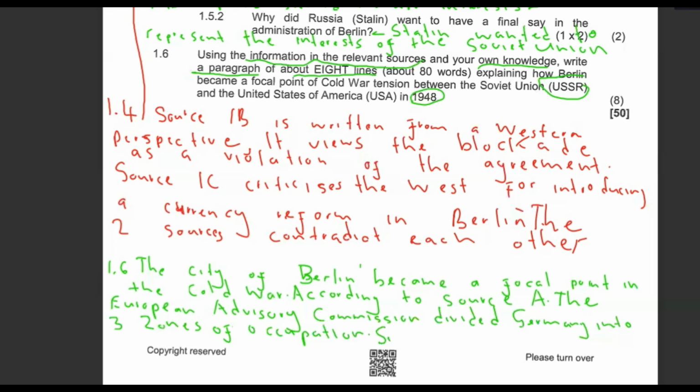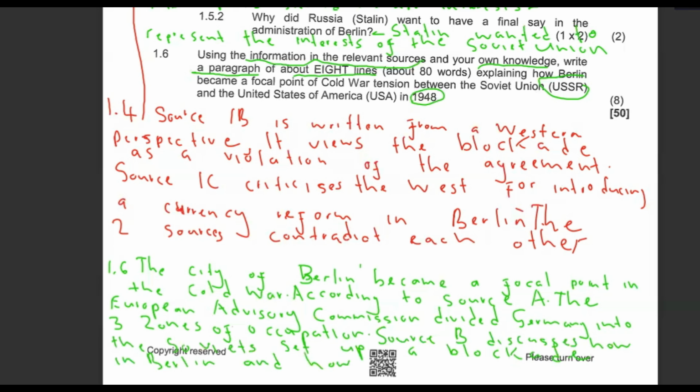Source B discusses how the Soviets set up a blockade in Berlin, and how this violated the agreement.